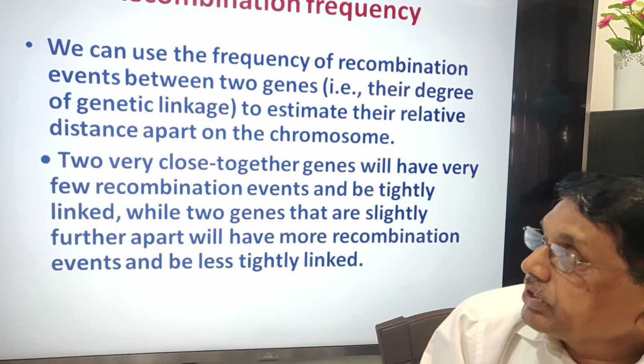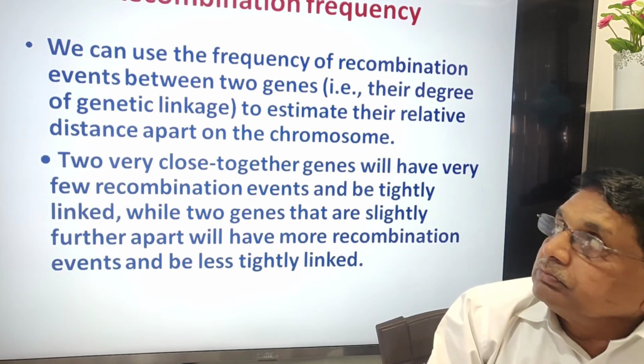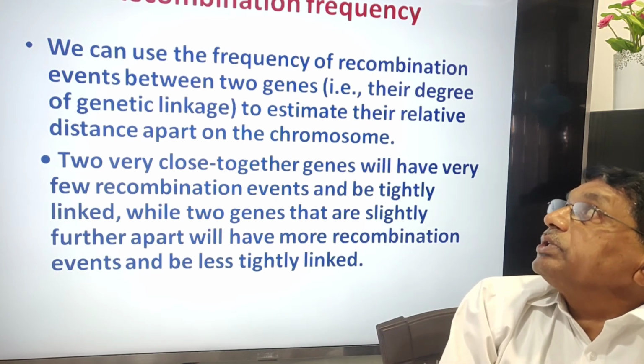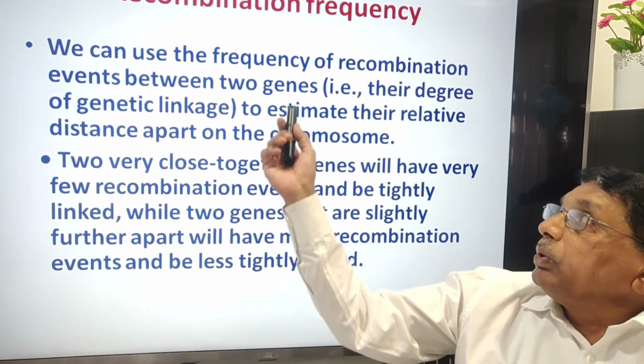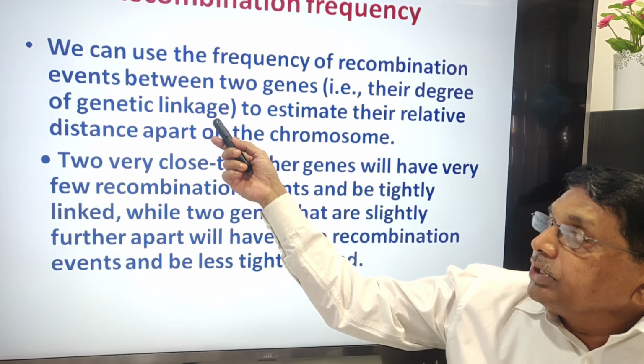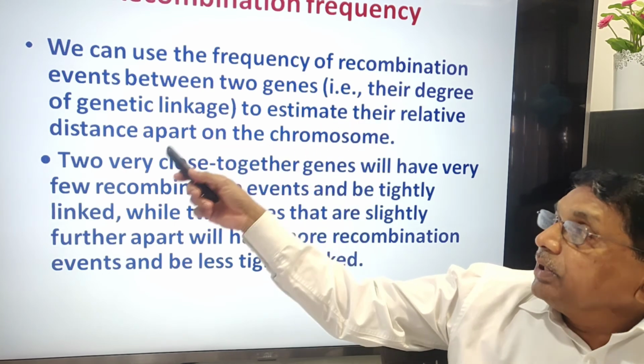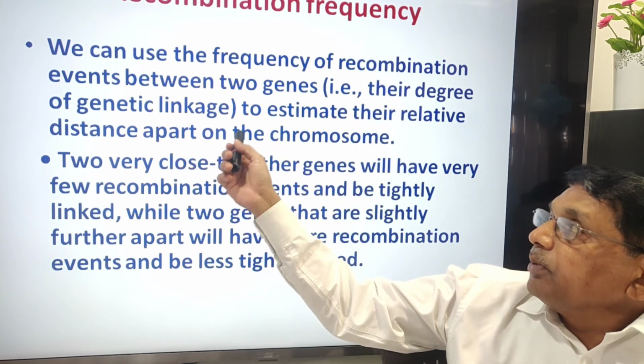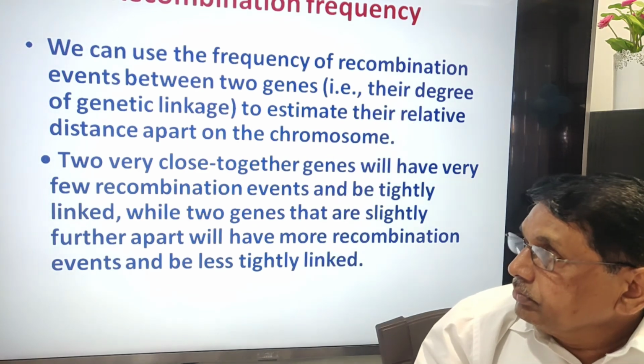Recombination frequency. We can use the frequency of recombination events between two genes, their degree of genetic linkage, to estimate their relative distance apart on the chromosome.